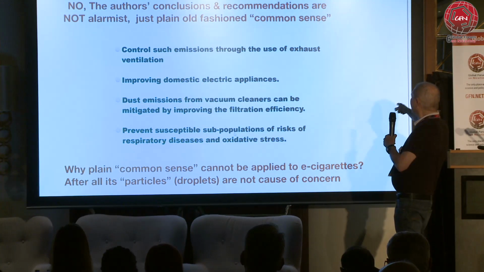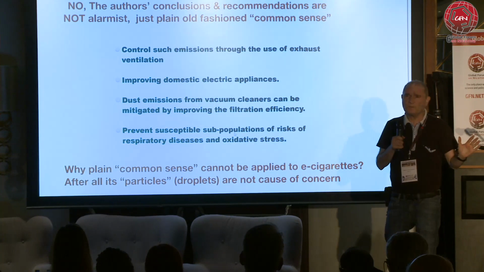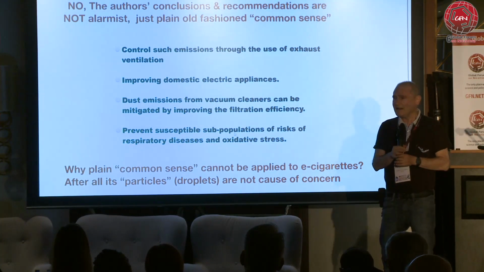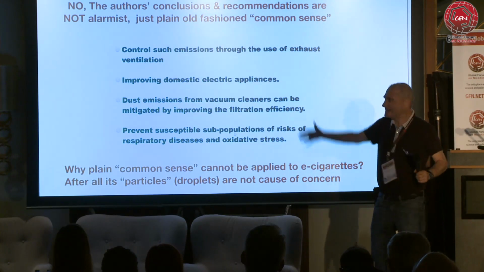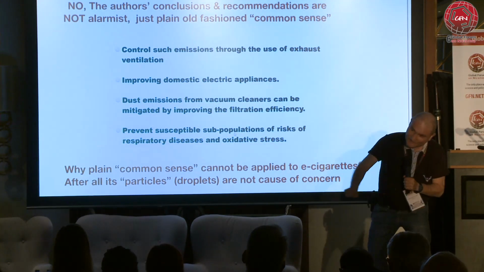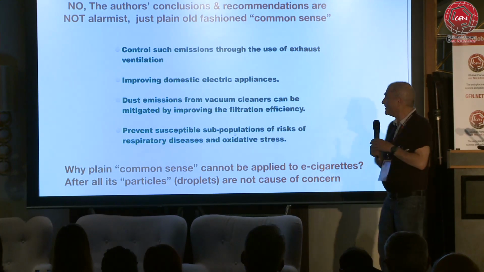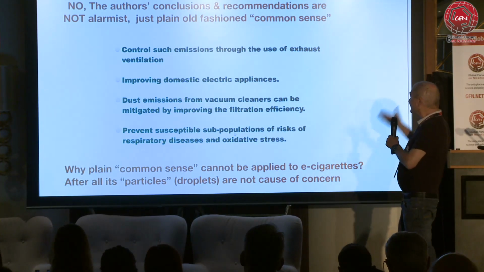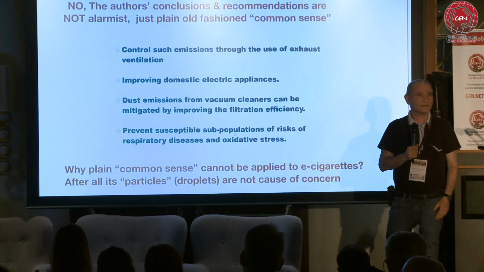Dust emissions from vacuum cleaners, use filters. And susceptible populations, just warn them. Like I would not take a baby and put him there to get all these particles when I'm vacuum cleaning, right? Just plain common sense. Why cannot this be applied to electronic cigarettes?